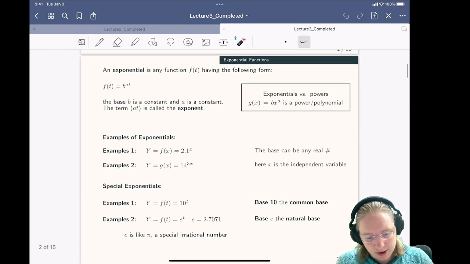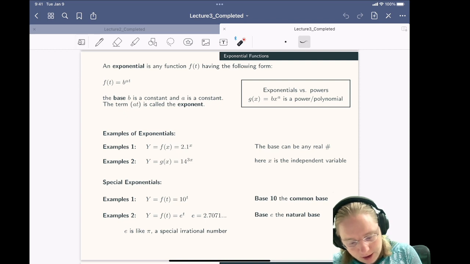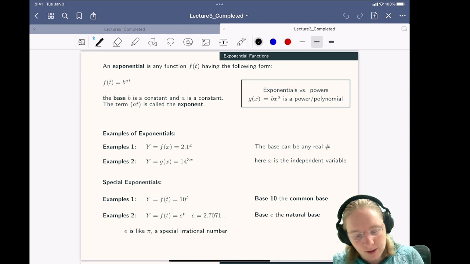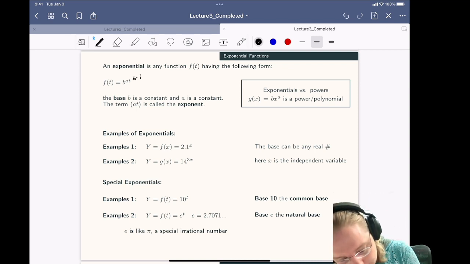First, an exponential function is any function f of t that has the form b e to the at. Let's break that down. What is t? t is our independent variable.